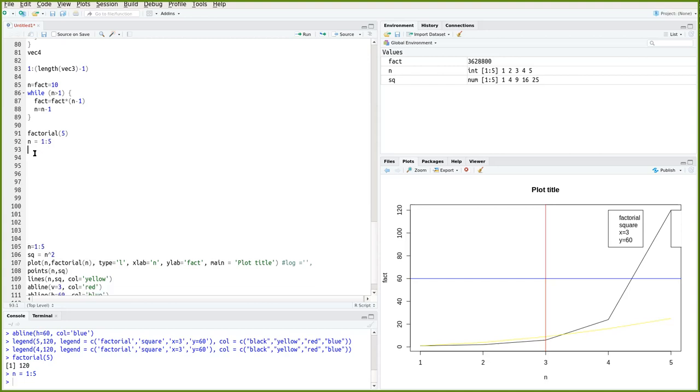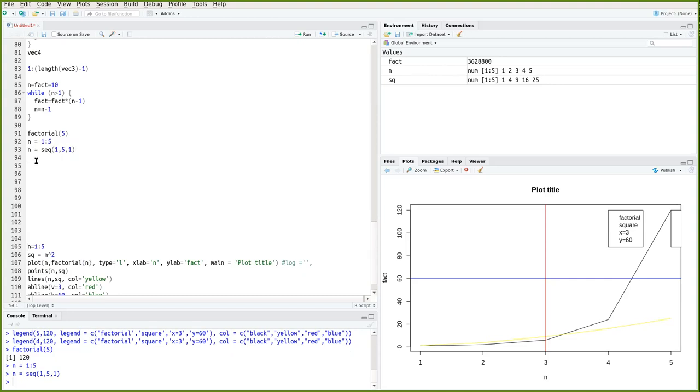Or I can also make it using the sequence function that we talked about last time. The starting point of the sequence is 1, the end point is 5, the steps in which I want it to increase should be 1, and I do control enter, and again I get, I hope my cursor is visible, my n as the sequence of 1 to 5. So I can use either of these approaches.